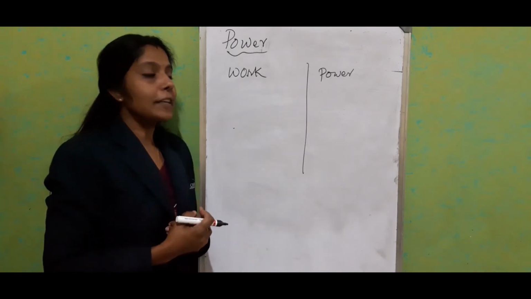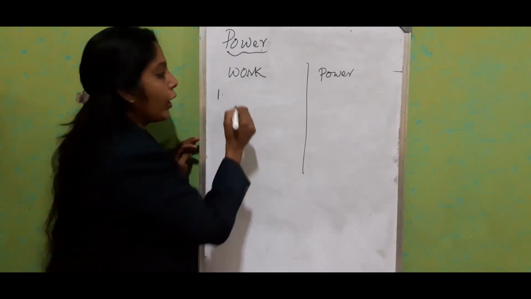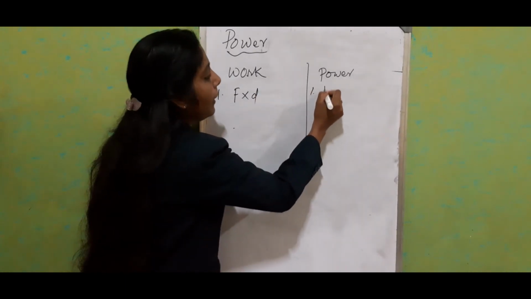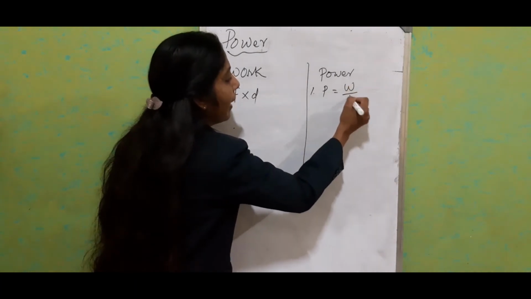Now let's see the difference between work and power. Work is the product of force into distance. Power is the rate of doing work, or work divided by time.